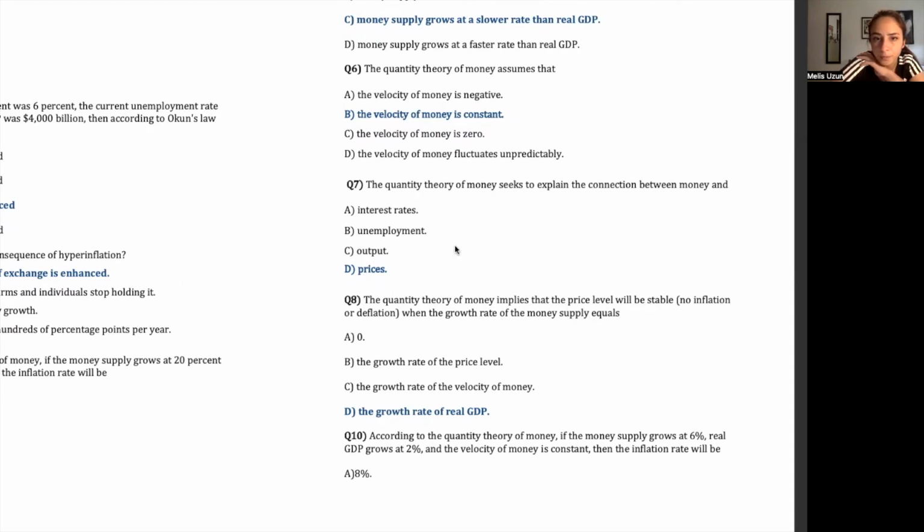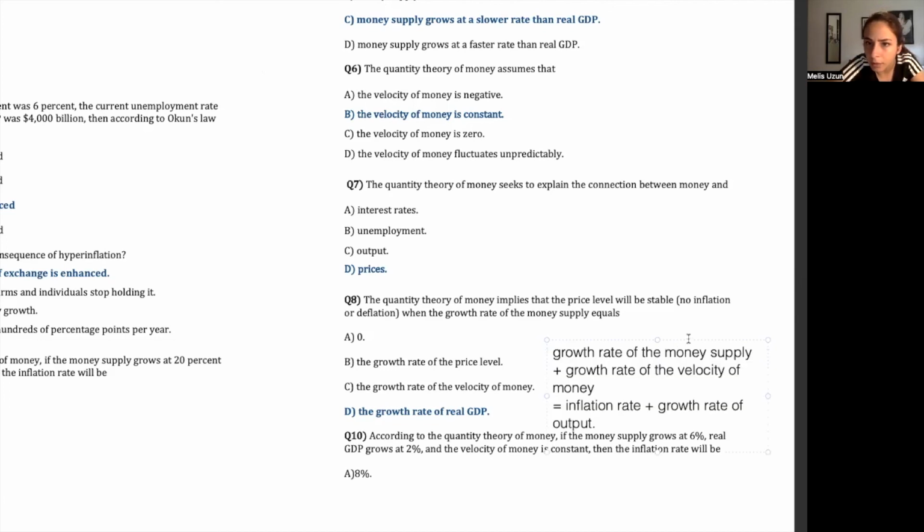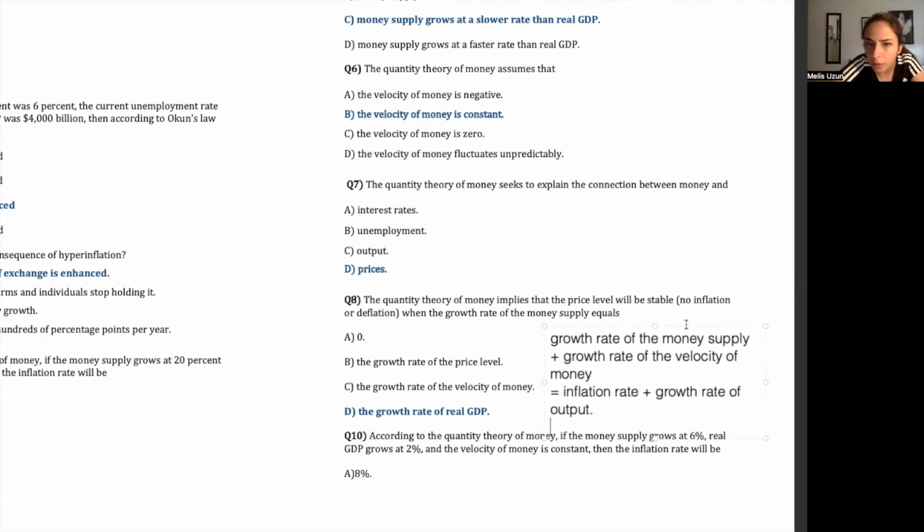So the quantity theory of money implies the price level will be stable, no inflation or deflation. So there is no inflation, it is zero.